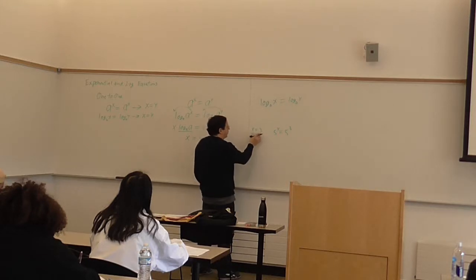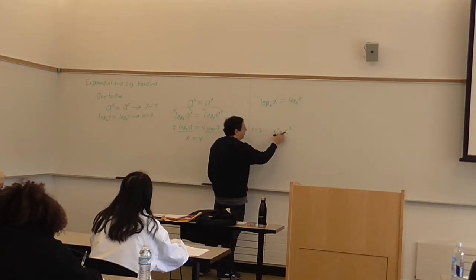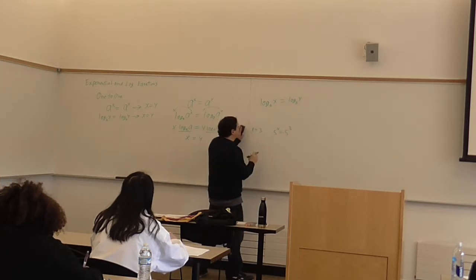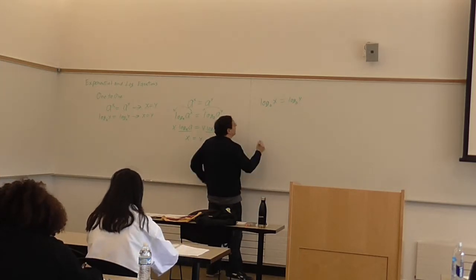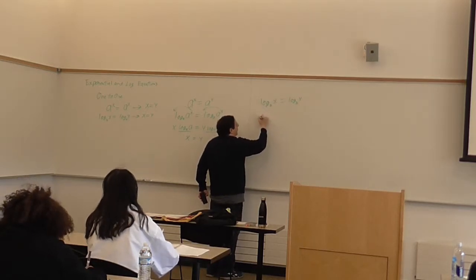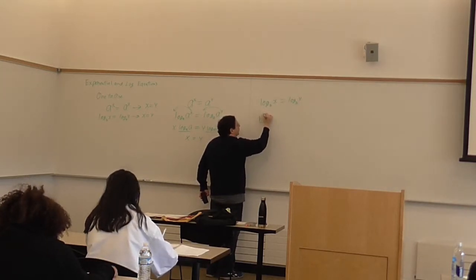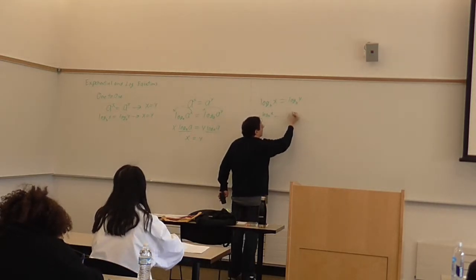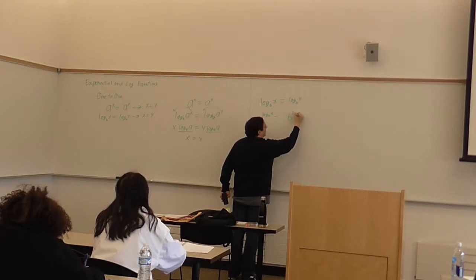You can always take equals and raise them as exponents to the same power. That's what I want to do here. I want to say log to the base b of x is an exponent I'm raising b to. And the same thing over here.